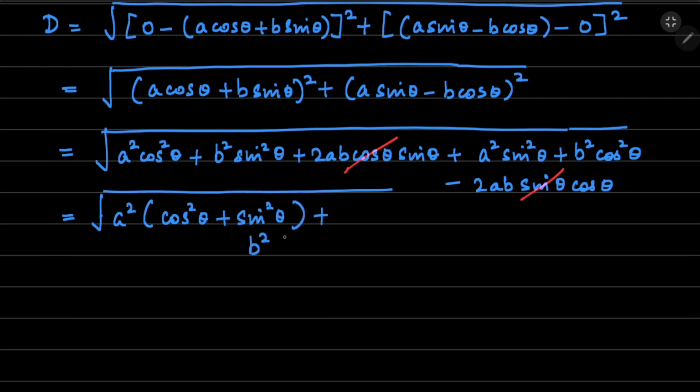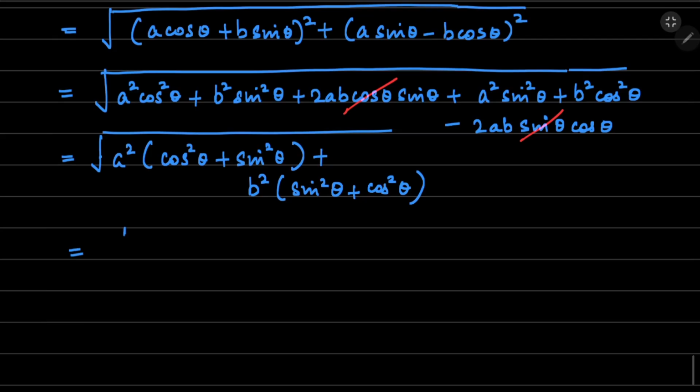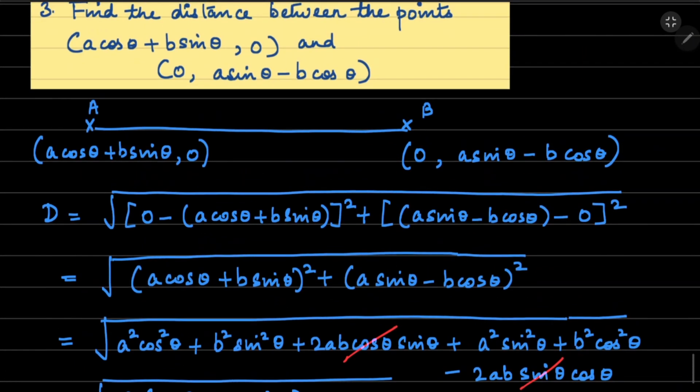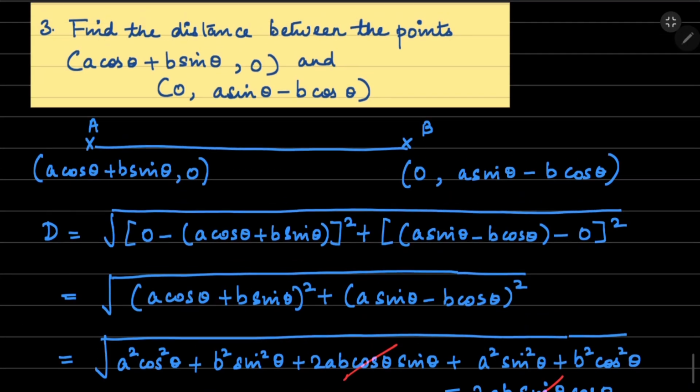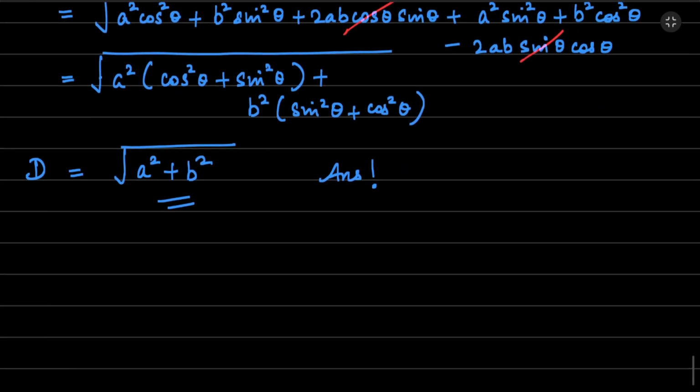Plus, take b square common: sin square theta plus cos square theta. Okay, sin square theta plus cos square theta is equal to 1. Right? So, this is nothing but a square plus b square. That is your distance between these 2 points. So, this is your answer.